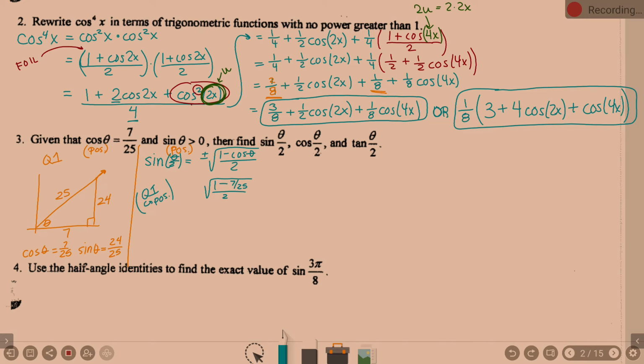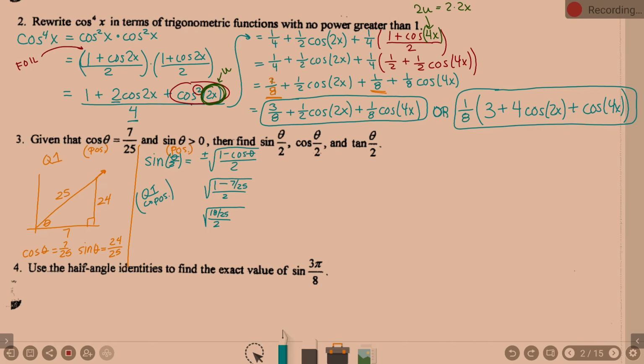Okay, do some math. What is 25 over 25 minus 7 over 25? 1 is 25 over 25, so 18 over 25. What do you know about 18 over 25 divided by 2?